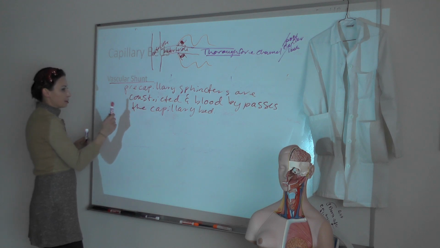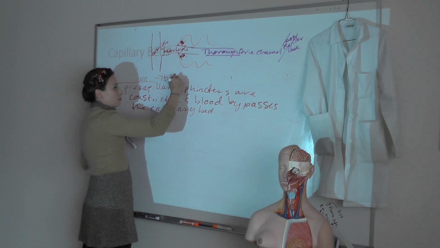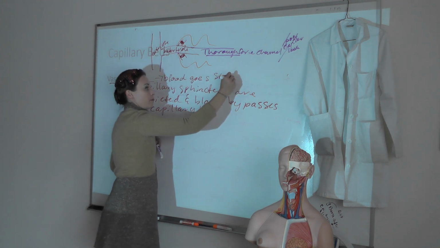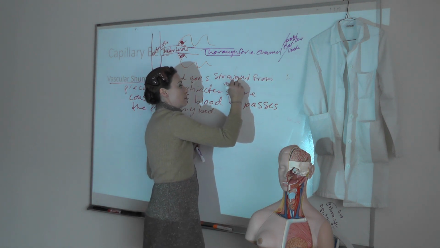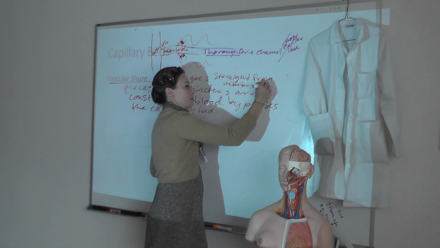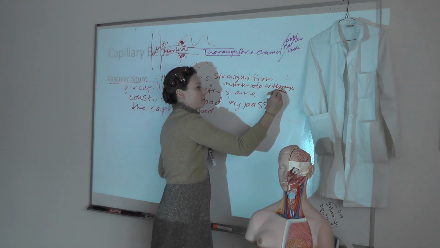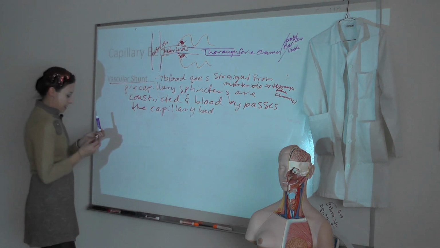So in a vascular shunt, we could say what we're doing is blood goes straight from the meta-arteriole to the thoroughfare channel, bypassing or shunting the capillary bed.